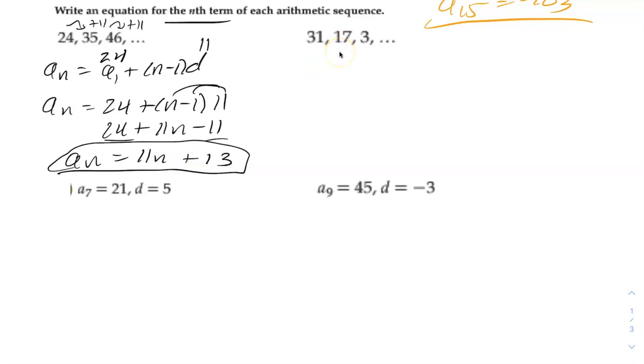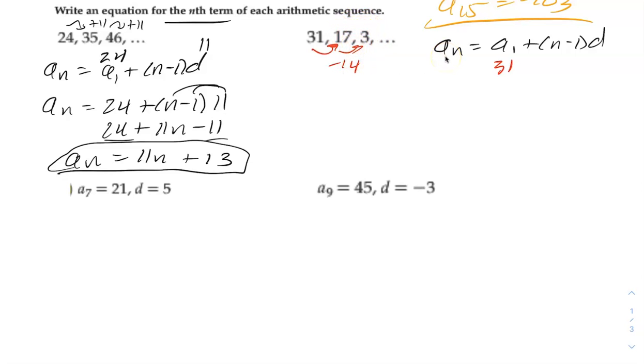Next one, same idea. So an equals a1 plus n minus 1 times d. The first term is 31. And the common difference, it looks like we're going down 14. The key thing is always the same. I don't want to subtract 31 minus 17, but 17 minus 3 was a lot easier. Down 14.